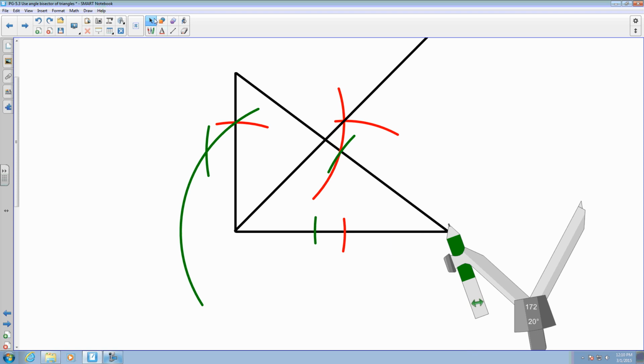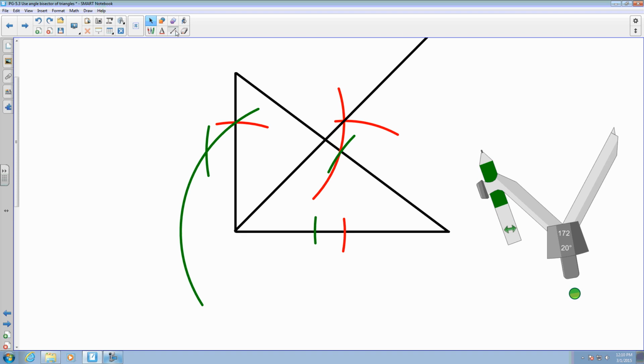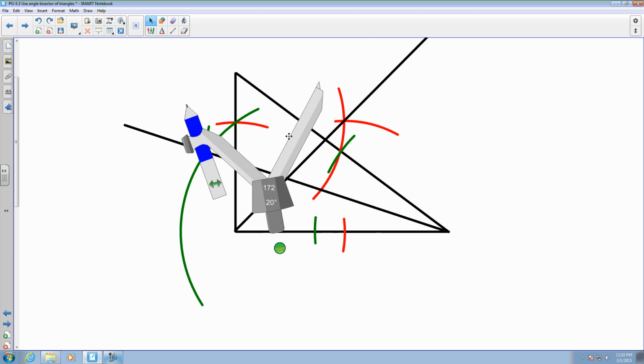Finally, I'm going to create a line. Do a better job. Looks like it's something right there. And then finally, this line segment here. So bring it on over.